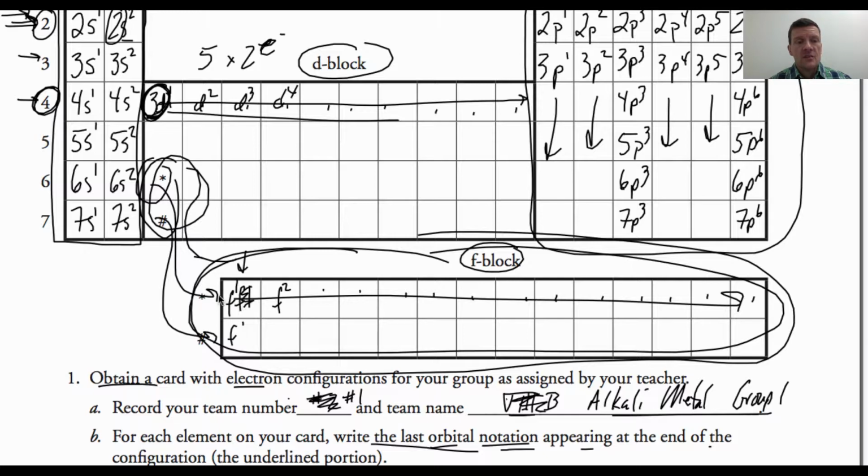And down here, when we start to fill this first F row, even though it is in the 6th row, you are actually filling the 4F. 4F gets filled after 6S. So here, the energy level coefficient is 2 less than the row number. You'll see this as we fill in these orbitals using the energy diagram in a little bit.